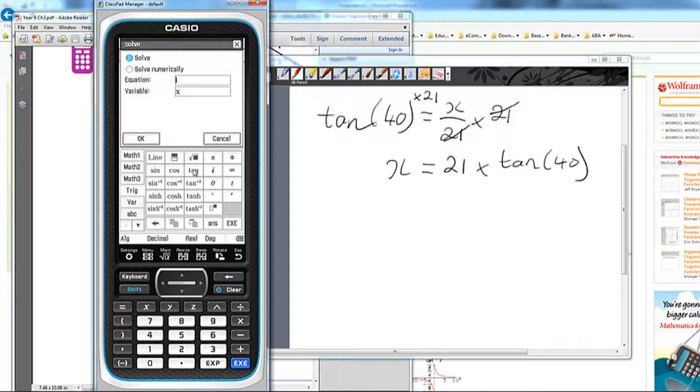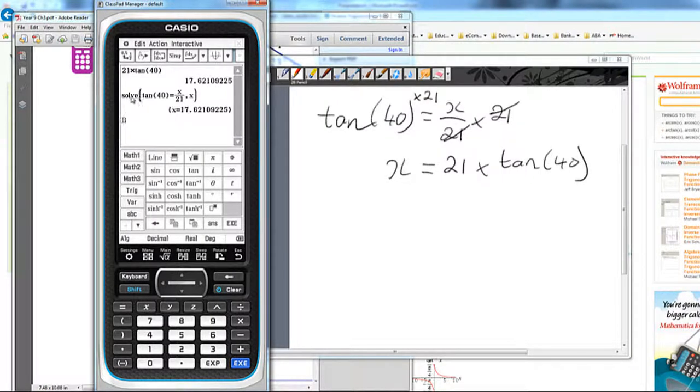So it was tan 40 equals x over, or divided by, 21. And if I hit OK, that places it into one big equation, uses the solve function to also work out that it was 17.6 meters or centimeters or whatever the units are.